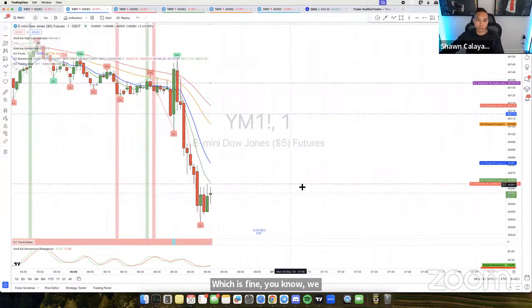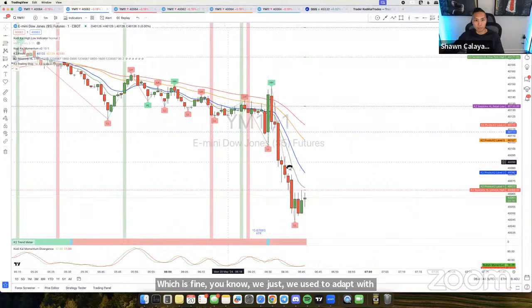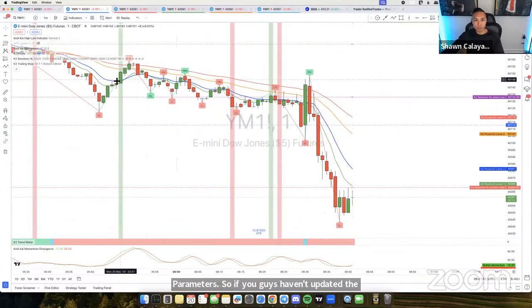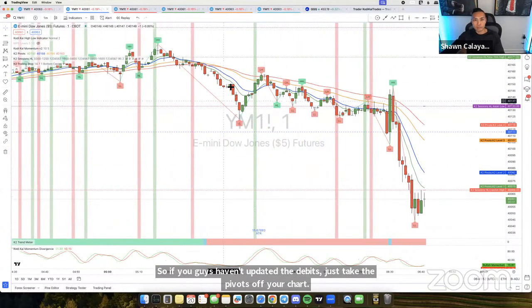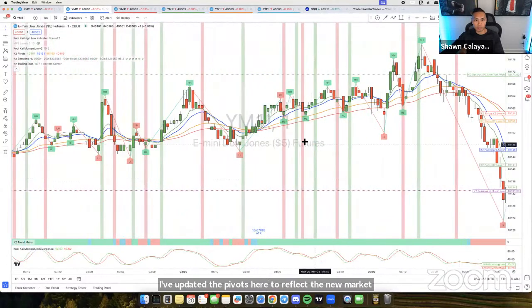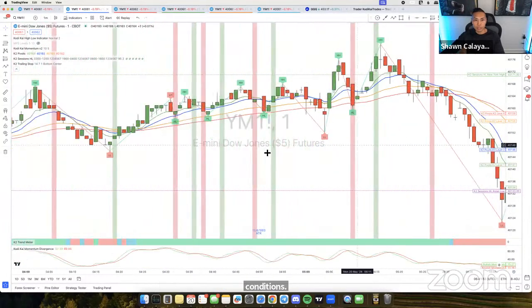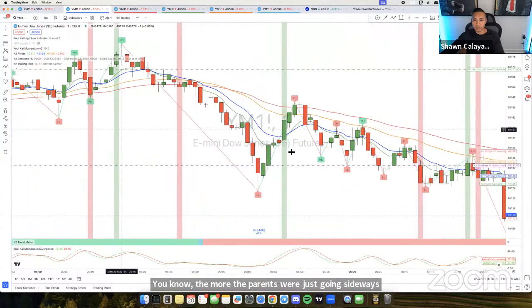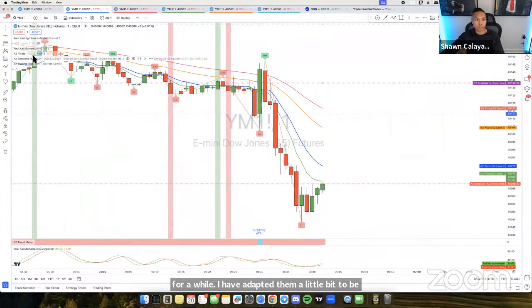I also changed the pivot parameters. So if you guys haven't updated the pivots, just take the pivots off your chart. You can see the pivots are a lot smoother now, right? I've updated the pivots here to reflect the new market conditions. The pivots were just going sideways for a while. I've adapted them a little bit to be smoother with the market. So if you haven't updated your pivots indicator, just take them off your chart.